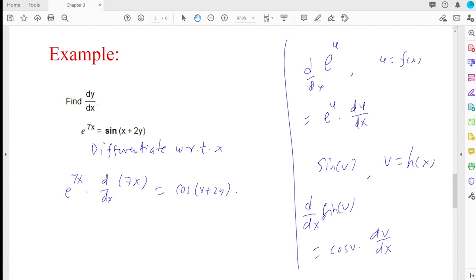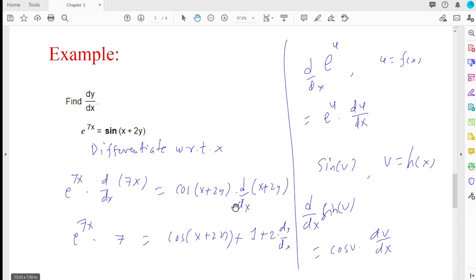So in this case, v is x plus 2y. So on the left side, e to the power 7x, the derivative of 7x is just 7. On the right side, it's cosine of x plus 2y, and find the derivative of x, which is 1.